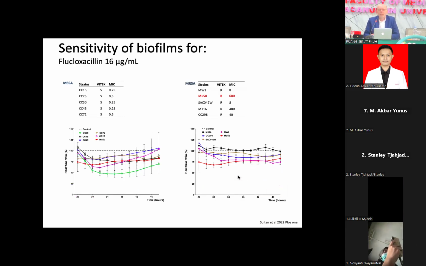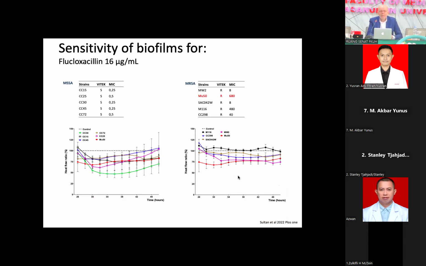Another thing, in my country, MSSAs are usually treated with flucloxacillin. We treated, on the right side here, the MRSAs, which are all resistant, as you expect, by Vitek, but also in the MIC values. When you look at the profiles that we get from the microcalorimeter, you would expect this: everything remains more or less unaffected.